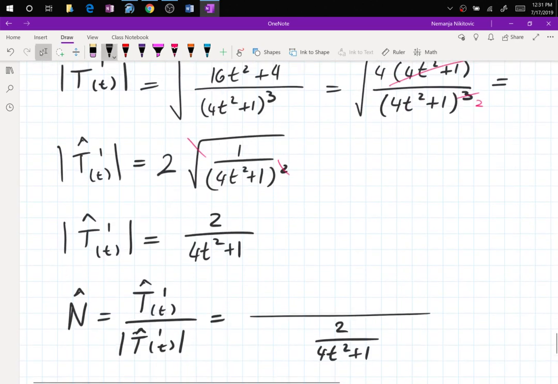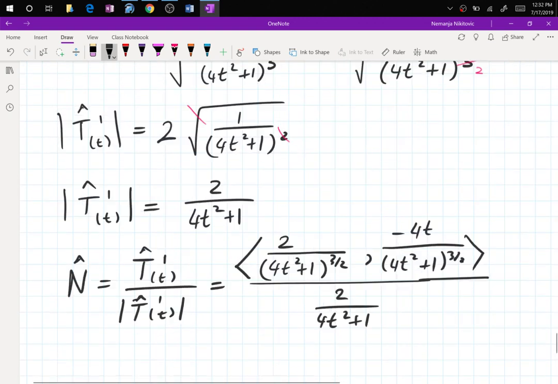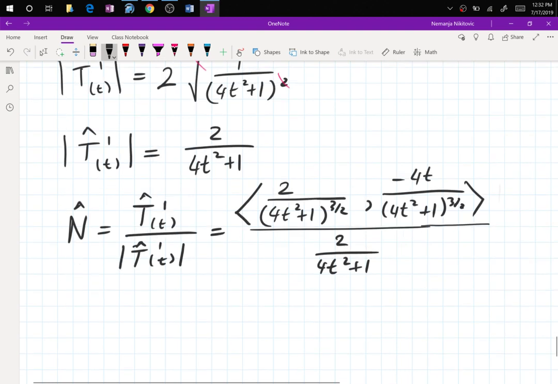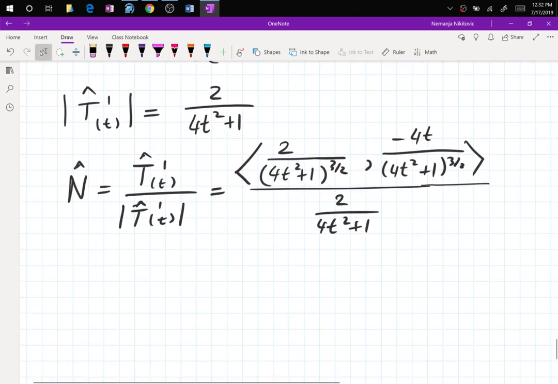So it's going to be 2 divided by (4t squared plus 1) to the 3 halves, comma, what was the other one? Well, now we get to cancel stuff. The 2 cancels. You get your negative 2t over here.